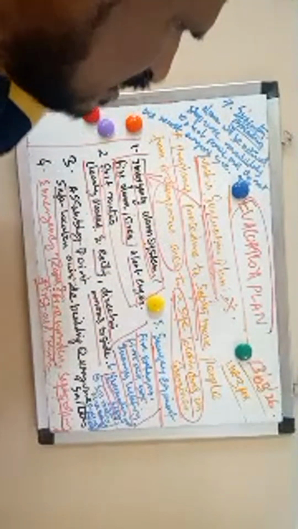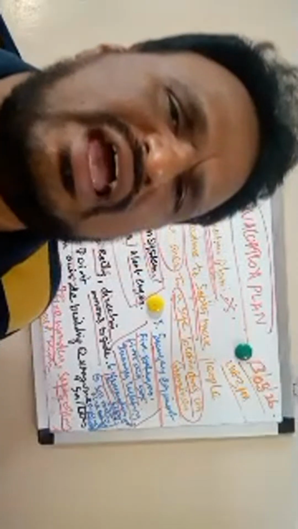Also where the first aid boxes are located and where the assembly point is located. All this information must be in the evacuation map: assembly point location, exit route, fire extinguisher locations, and first aid location. It is mandatory to paste it within the room, and it's better on the backside of the door. Okay, so we have seen this one.